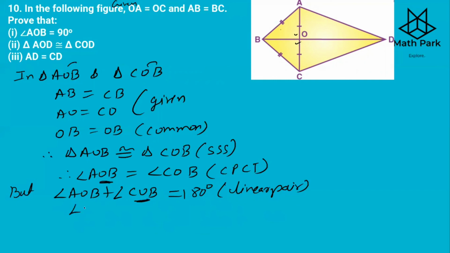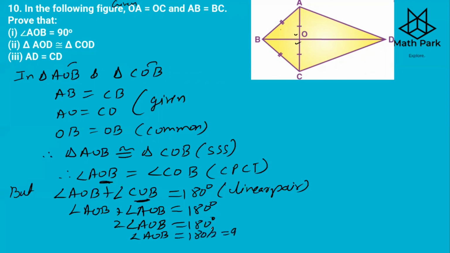So you get angle AOB plus angle AOB is equal to 180 degree. So you get twice angle AOB is equal to 180 degree. Or you get angle AOB is equal to 180 upon 2, which is equal to 90 degree. Okay. So we proved the first part.